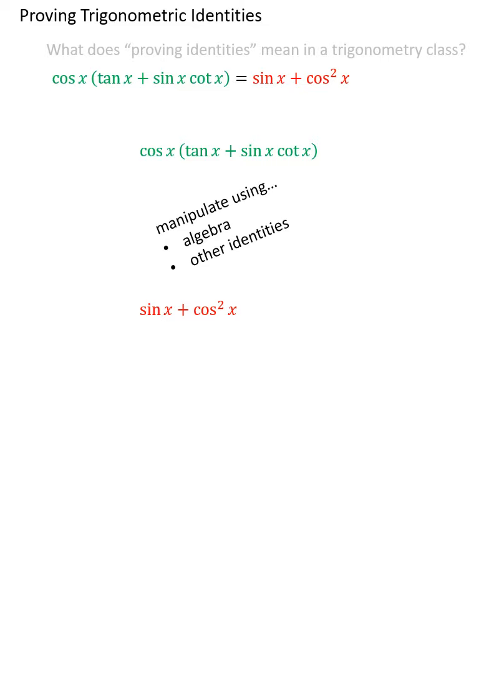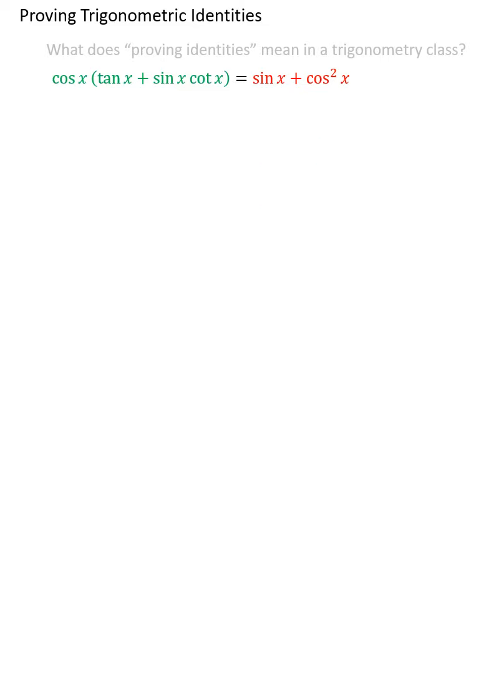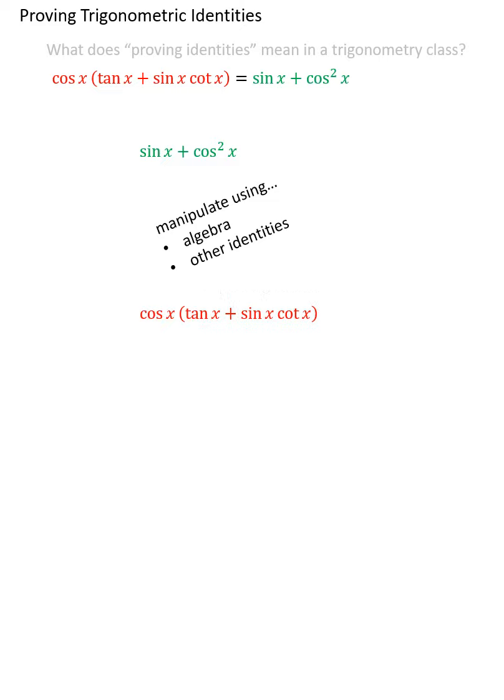But you don't have to start with the left side and work it out to equal the right. Reversely, you can start with the right side and work it out to equal the left. And if that's my choice, then I'll take the right side and do some algebraic manipulations and other identity substitutions until I eventually get the left side of the equation.